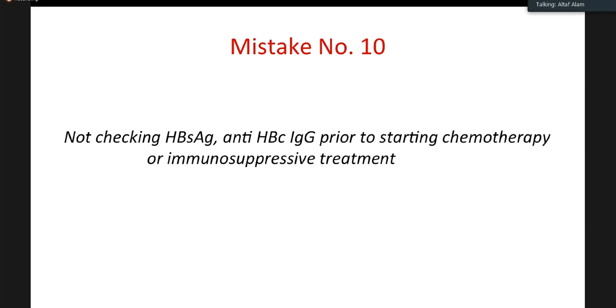And this is where the importance of anti-HBc IgG or total comes in, particularly if you are using strong immunosuppressants like rituximab, and you have to give preemptive oral nucleotide analog during the therapy and at least 18 months after the therapy. The longer, the better.